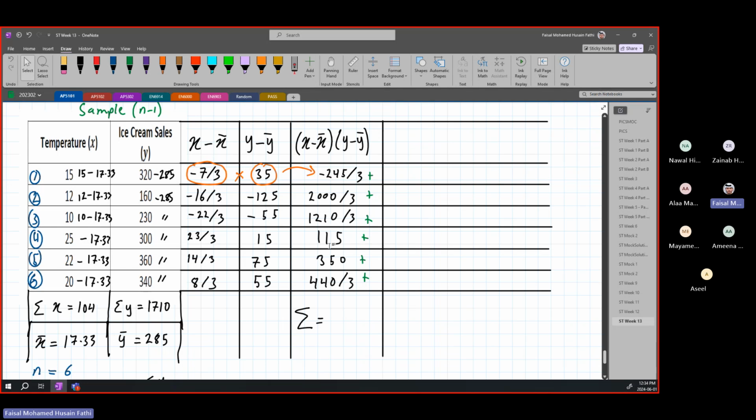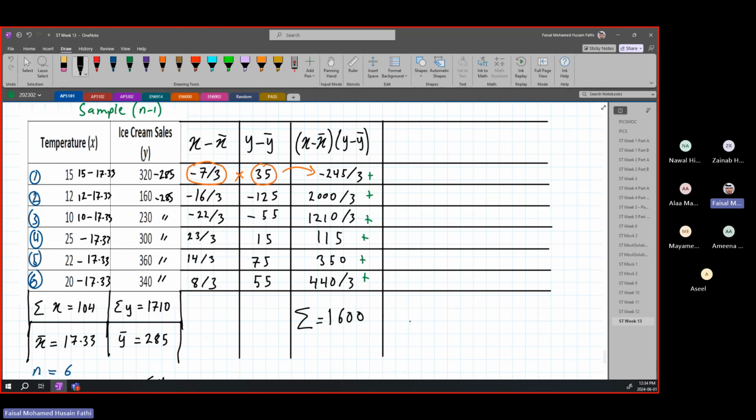Once you add up all of these, you are going to get an answer of 1,600. There we go. All right. When you add up all of these, your final answer is going to be 1,600.